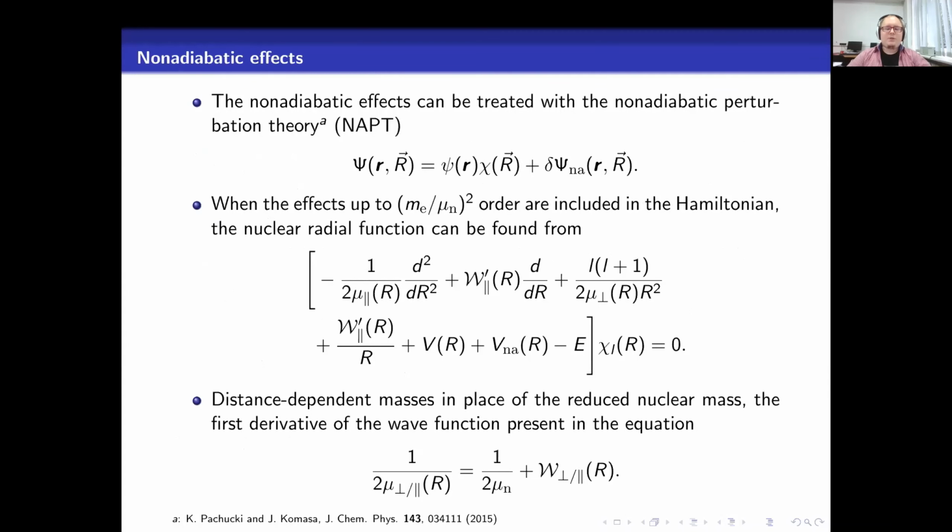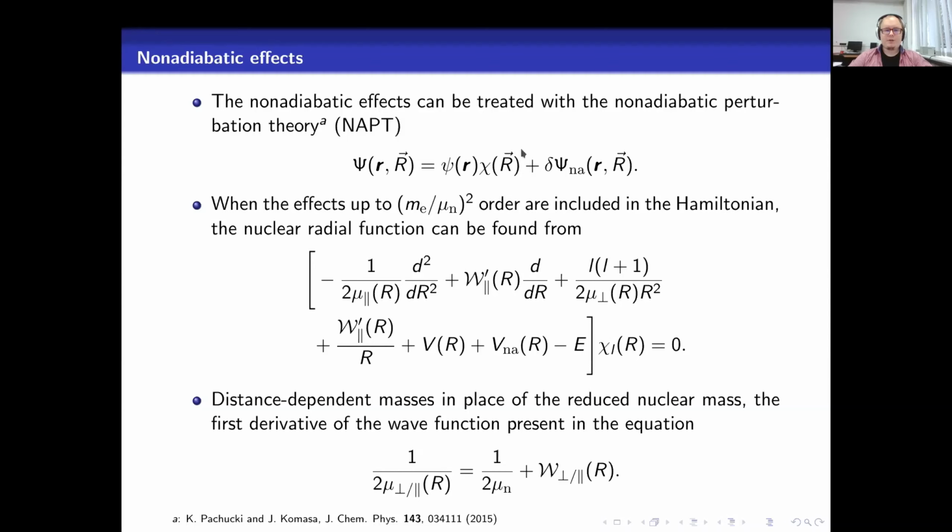So I told you about these nuclear masses and how they are replaced by atomic ones. To see why, we can use the so-called non-adiabatic perturbation theory, which acknowledges that apart from this factorized electronic-nuclear part of the wave function, we have also a non-adiabatic correction.